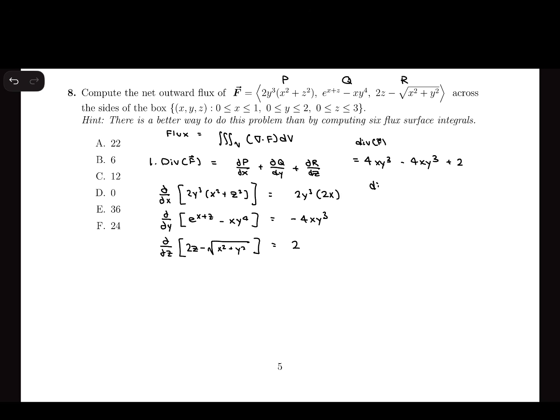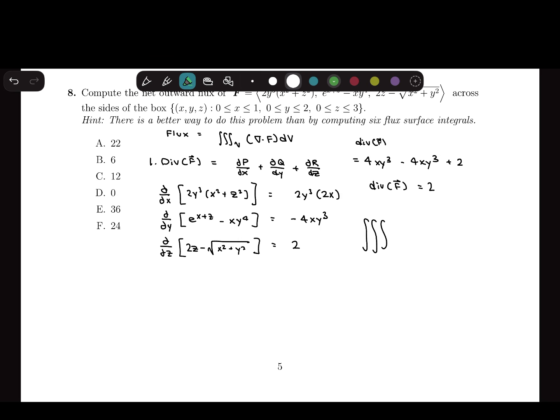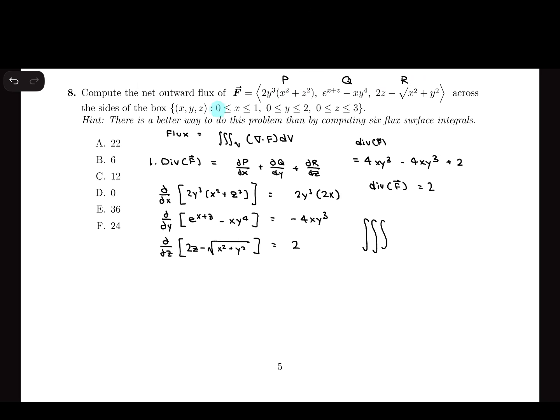Which means that through all that math, the divergence of F, this huge vector, is just 2. Incredible. So in order to now find the flux, you compute this triple integral. If we look at it, they actually already gave us the triple integral right here.